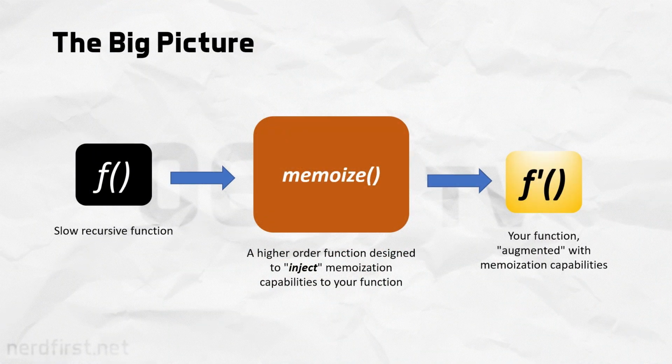Before we jump in to write the code, let's just take a look at a big picture of how we're going to approach this. The idea is this. You have your recursive function, and at the end of the day, we want to implement memoization to your function, right? So how we do that is we take in your function, we inject some code that does the memoization logic. Of course, we can't modify your original function. That's already done, right?